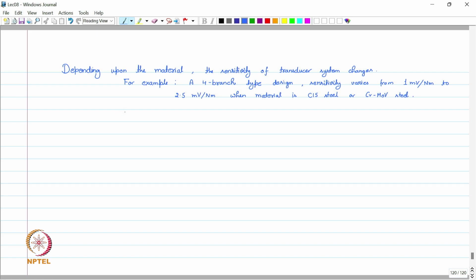In general, the torque sensitivity decreases with increasing hardness for ferromagnetic material.